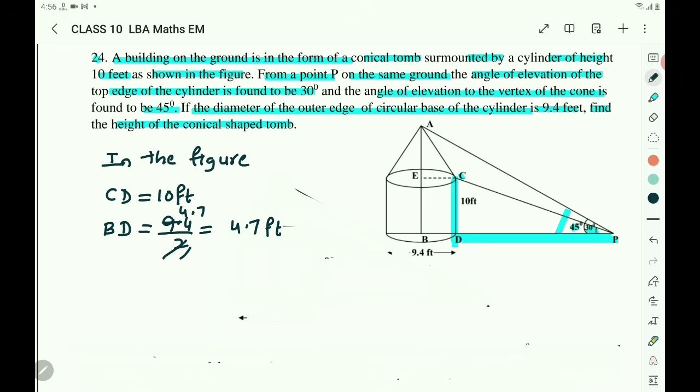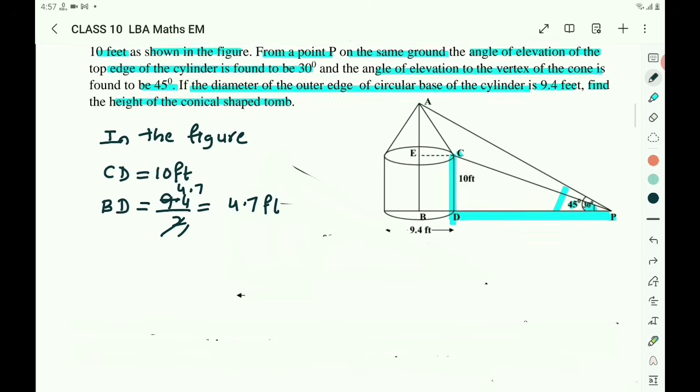Now, here you take the triangle CDP. For triangle CDP, the angle is 30 degree. For 30 degree, CD is the opposite side and DP is the adjacent side. We have to find out the distance of the point P from D, that is DP. To find DP, use the right angle triangle CDP.